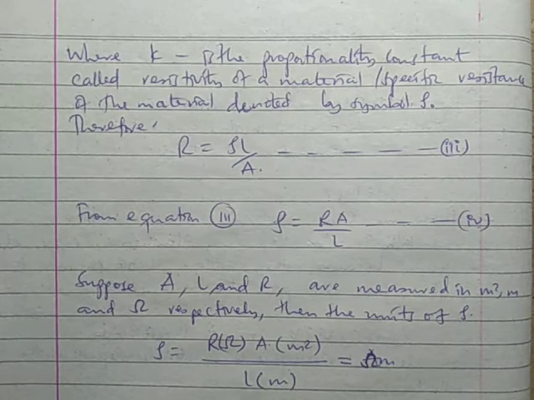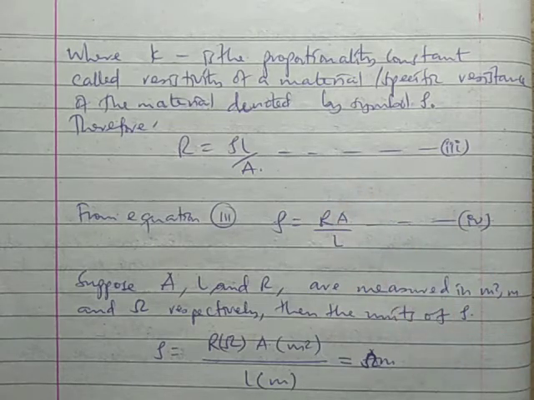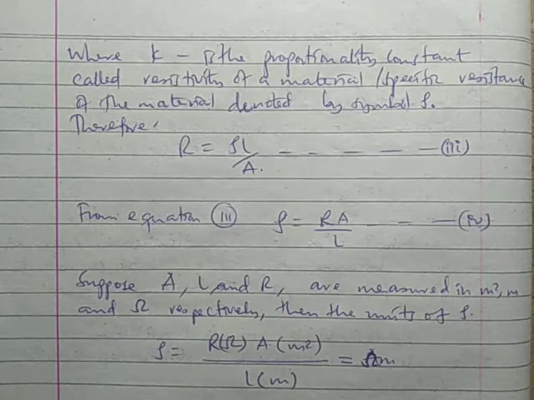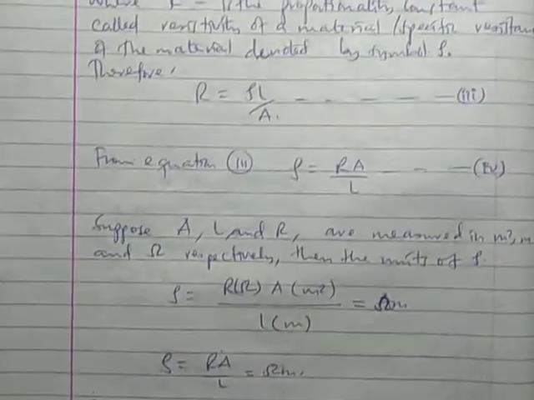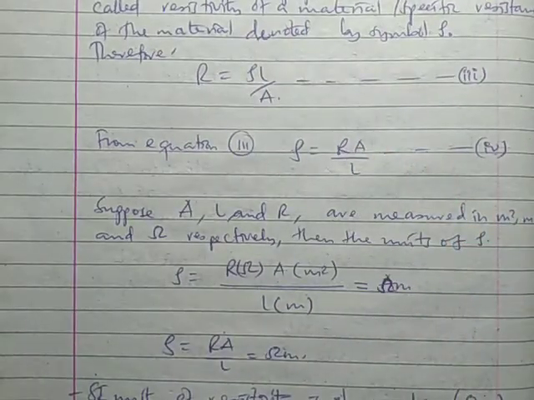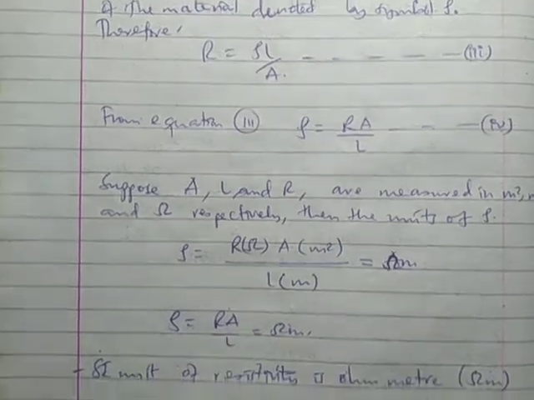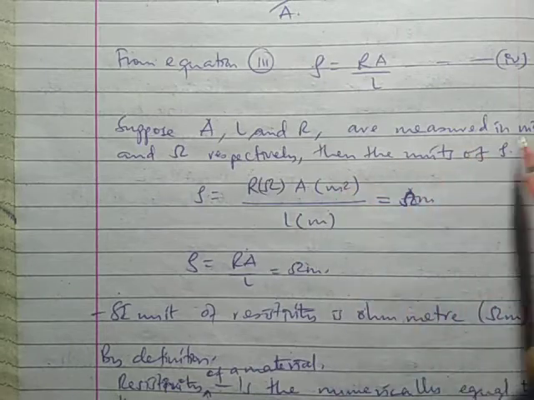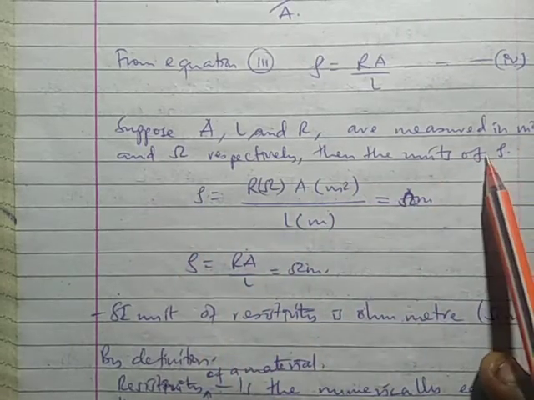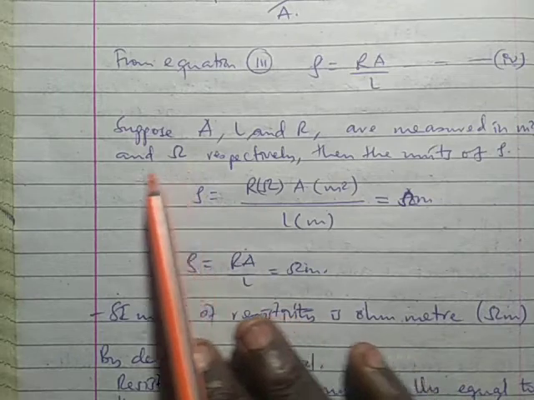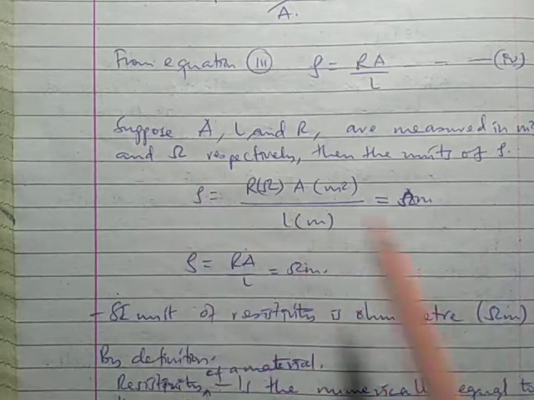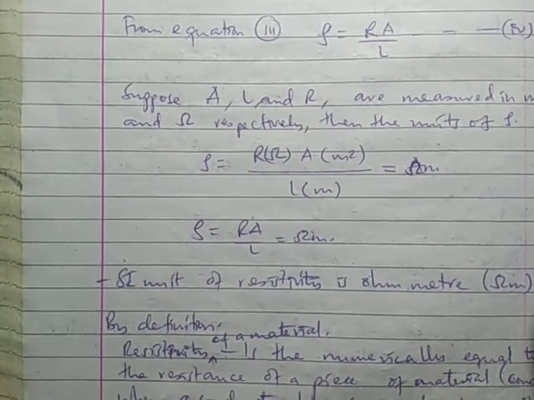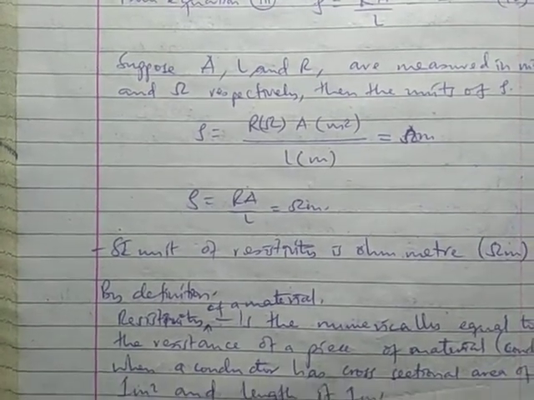Resistivity of the material is just like the specific resistance of the material, denoted by the symbol rho. So from the equation, resistivity will be equal to resistance times area divided by length. Now suppose area is measured in meter square, length in meter, and resistance in ohm, then you will have ohm meter as the SI unit of resistivity.